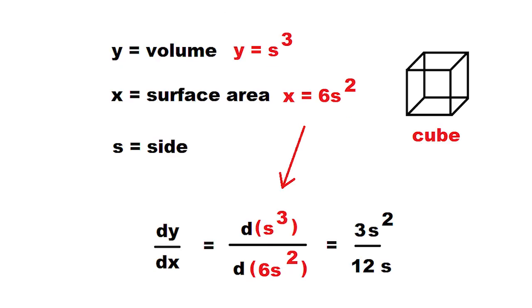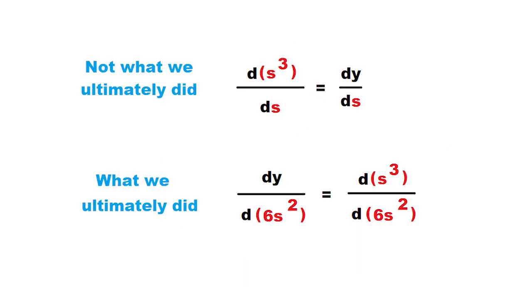Now, getting back to our concept of mutant derivatives, what we did here was find the change in s cubed over the change in 6s squared. We didn't find the change in s cubed in terms of s. That would have been dy over ds, where y equals s cubed.